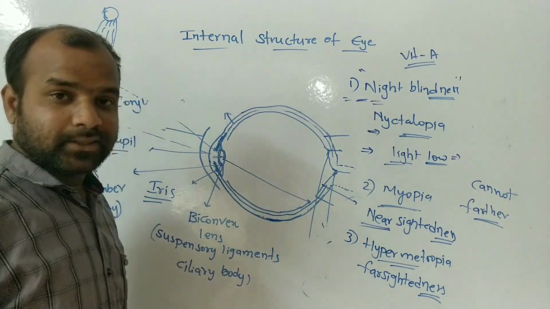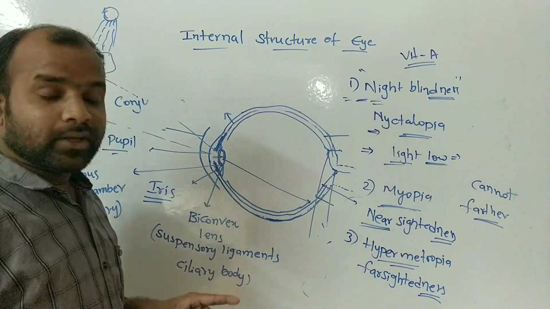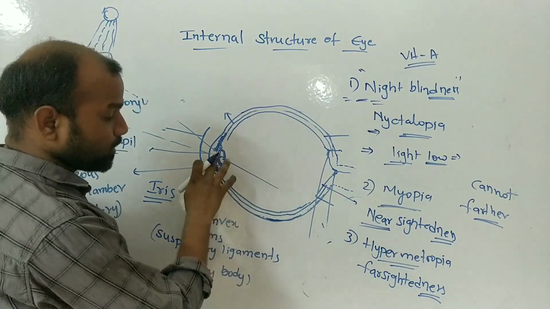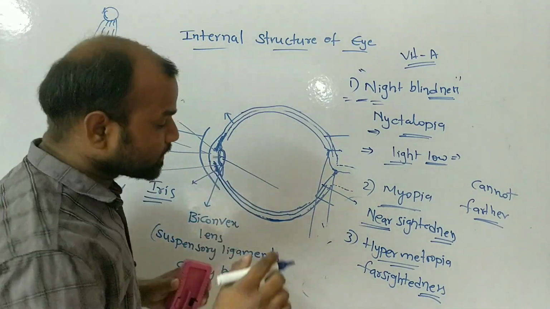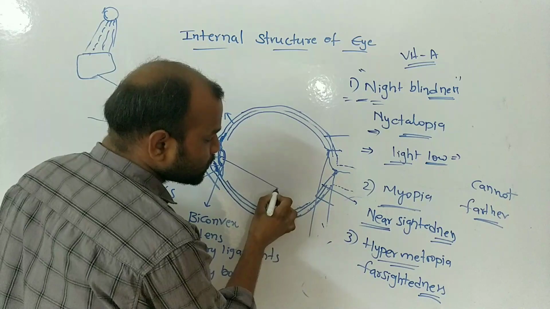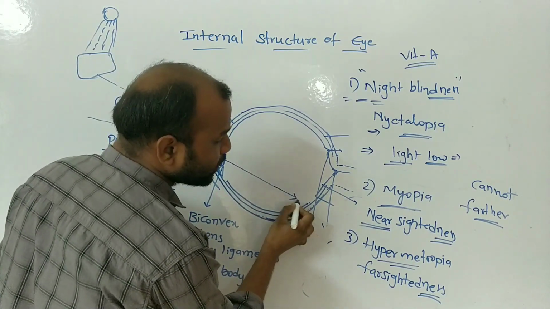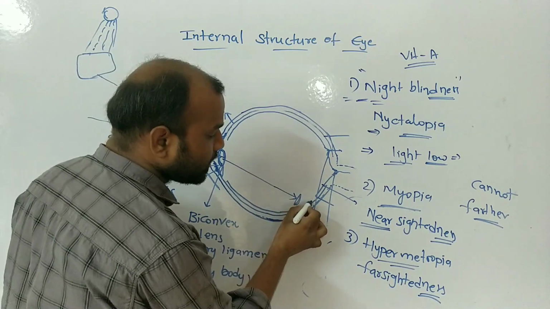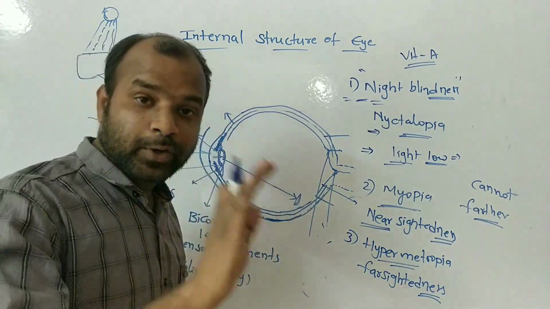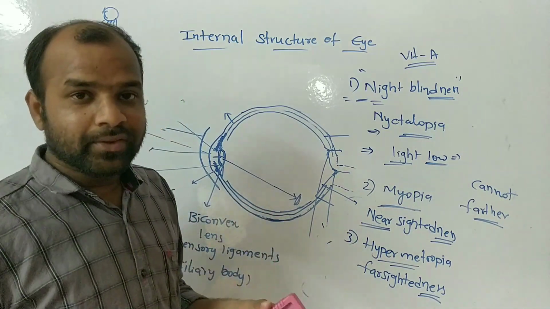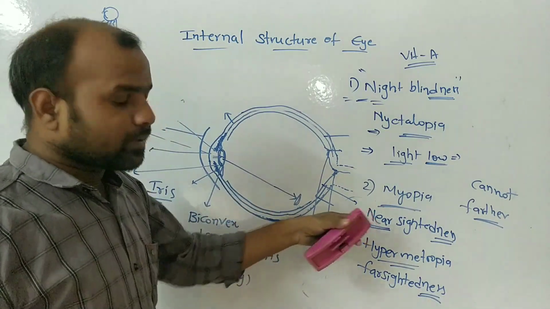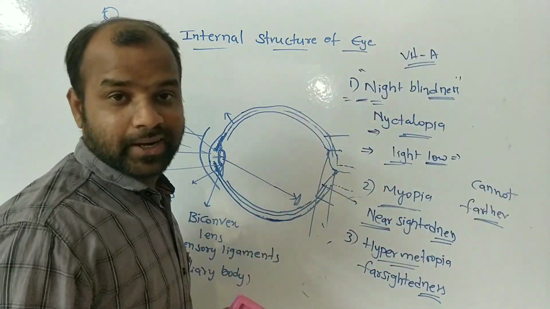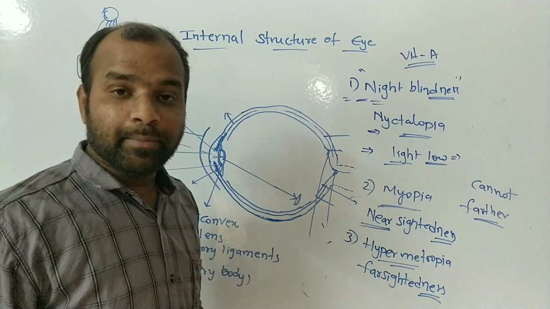But in case of damage to the biconvex lens, instead of falling onto the retina, the light waves will fall in front of the retina. That is why they cannot see some of the objects which are nearer, or some which are far away, in case of myopia and hypermetropia.